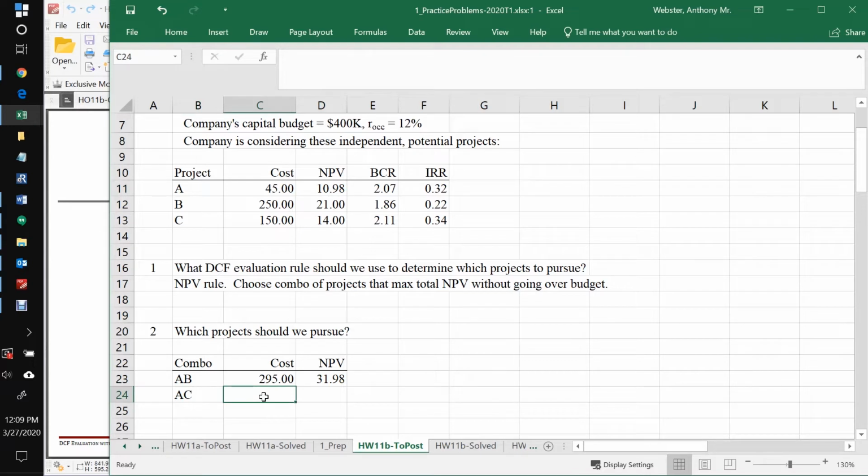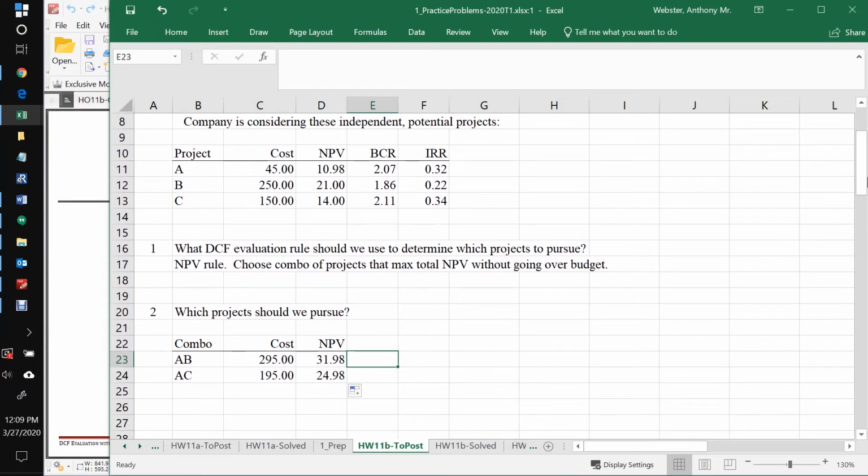And so the total cost here is going to be 45,000 for A and 150,000 for C. So you can see we're not over budget, okay? And so far, AB is the winner because that would give us the combination of these two projects, give us the highest total NPV, and that's what we're shooting for. Okay, so what else would be possible here? Let's think about B. So we've already done B in combination with A.